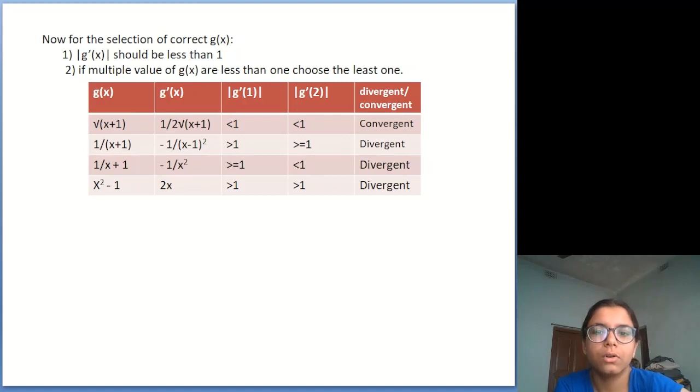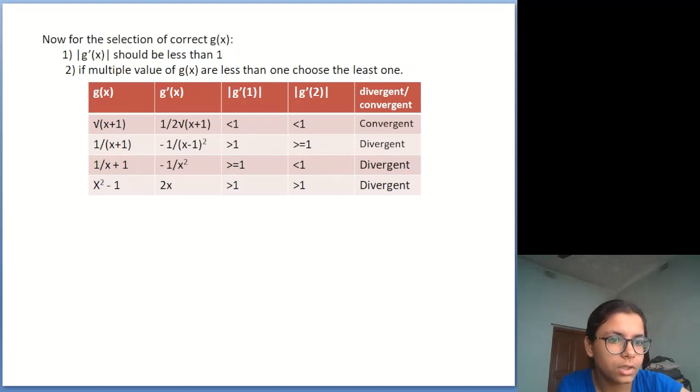As you can see here, the values are either equal to 1 or lesser than 1, or greater than 1, so the answer is divergent. Even if one of them is lesser than 1 and one of them is greater than 1, still the answer would be divergent. In both cases, the derivative of g(x) should be less than 1, and so we can calculate the last one too, which was divergent.